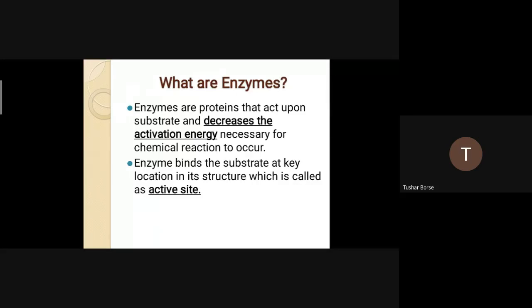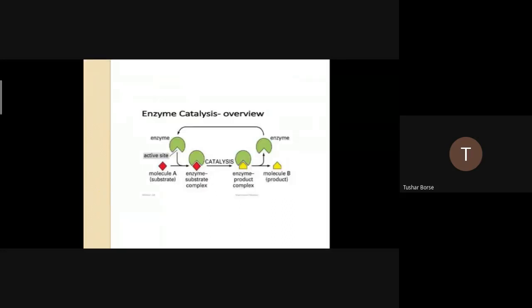Even though enzymes take part in a chemical reaction, they are not consumed in the reaction. Like we see in this slide, the green molecule is the enzyme. It has an active site where the substrate molecule binds. When the enzyme and substrate molecule react with each other, they form an enzyme substrate complex.